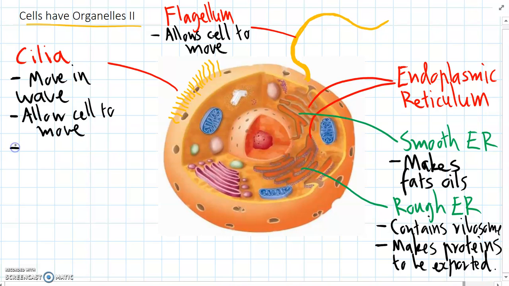Or they can be used to move something along the outside of a cell. So whether it's liquid or objects, the waving of the little cilia hairs can push objects along the cell. And that's actually what we have lining our windpipe, where anything that's trapped in our lungs, the cilia will carefully bring that back up so we don't get our lungs filled up with anything dangerous.